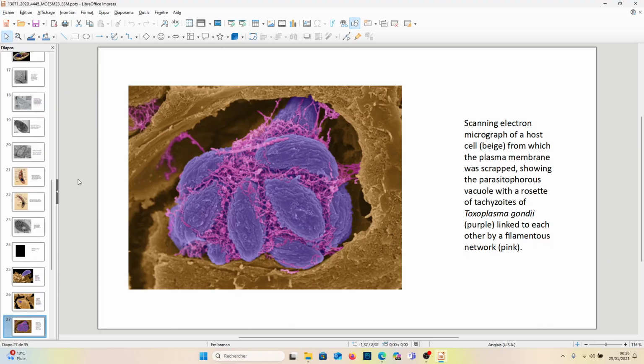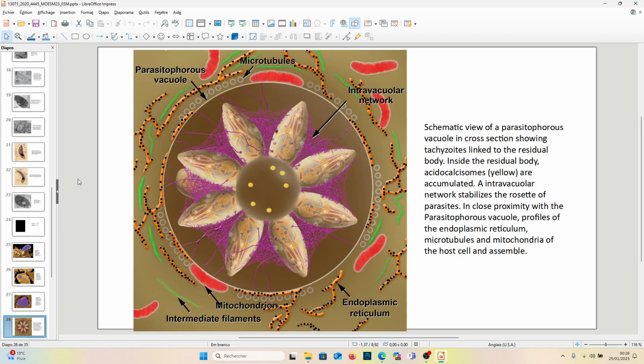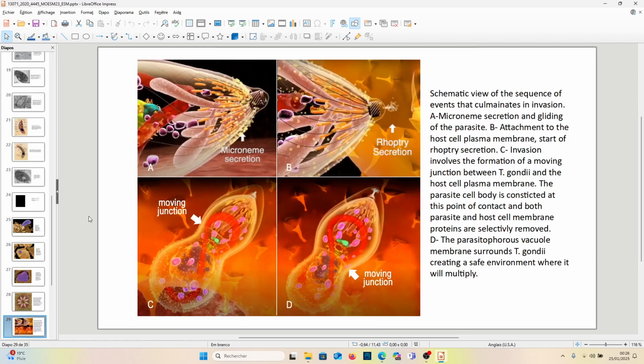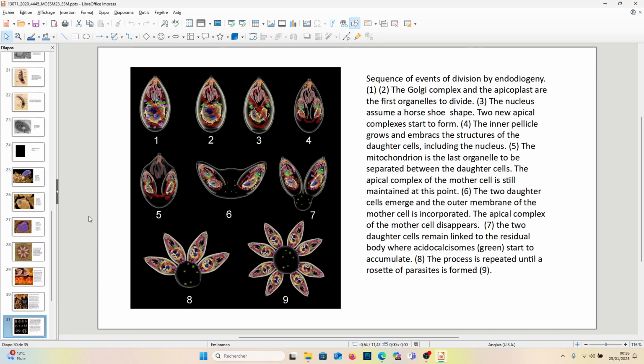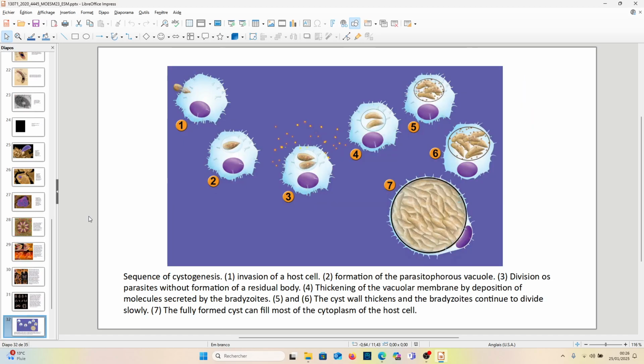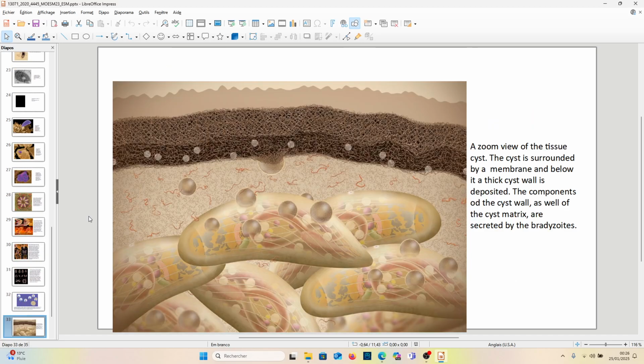Là ce sont les images un peu colorées. Alors on voit ici, on verra dans les vidéos ce que c'est. Voilà, différents stages, différentes formes d'évolution. Alors ici, on a le fameux mur du kyste.